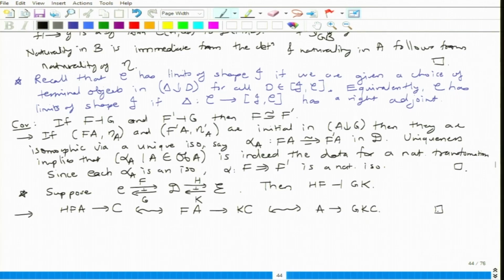And that's the end of the proof. We are taking two natural bijections, so their composition is also a natural bijection, and end of the story. And this is just a remark.